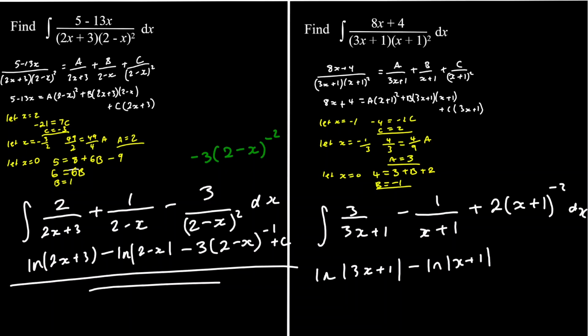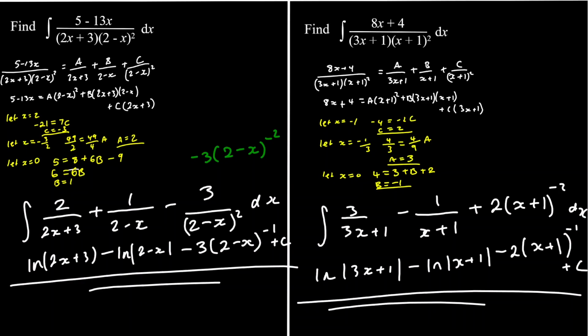So this time the bracket differentiated to just 1, we can ignore it. And then our last one, it's reversing the chain rule. It's not a log. So add 1 to the power, goes to negative 1. Divide by the new power, so dividing by negative 1, same as timesing by negative 1. And then the bracket differentiated is 1. So dividing by 1 means it stays the same.